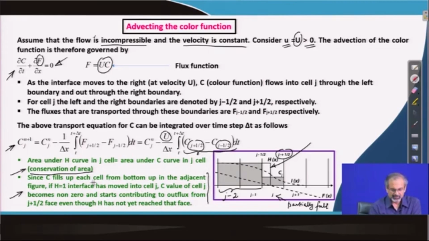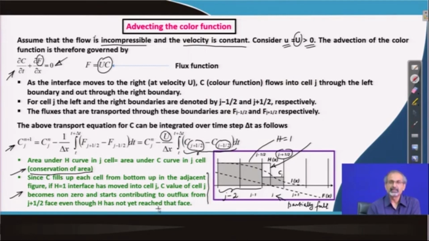So, since C fills up each cell from bottom up in the adjacent figure, if H is equal to 1 and the interface has moved into cell j, then the C value of cell j becomes non-zero and starts contributing to outflux from the j plus half phase, even though H has not yet reached that phase.